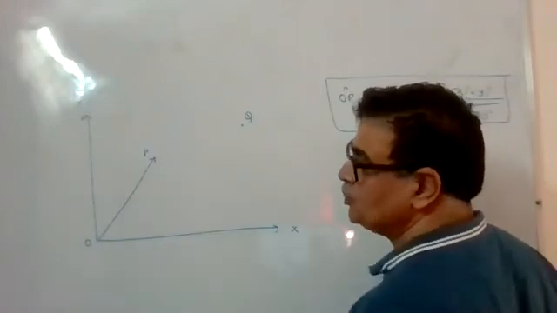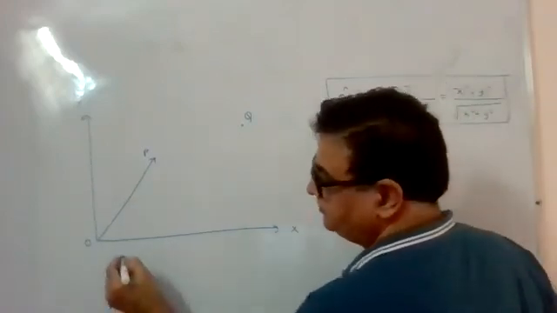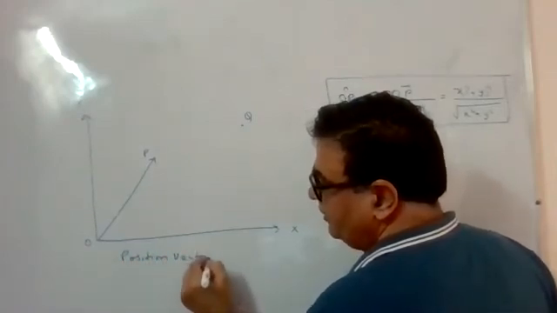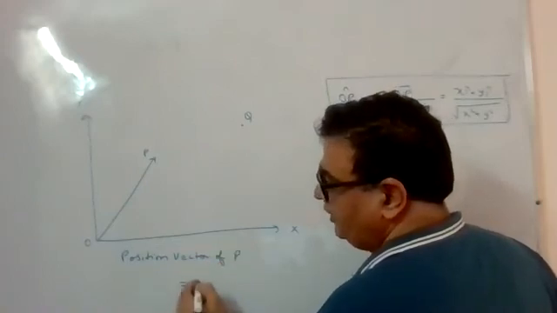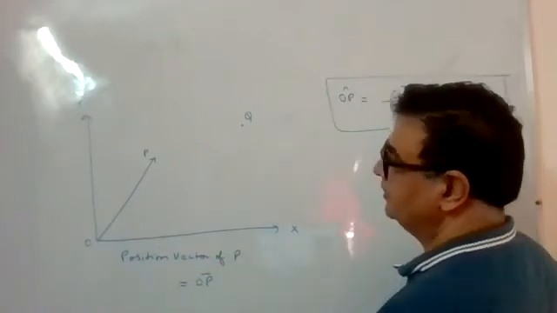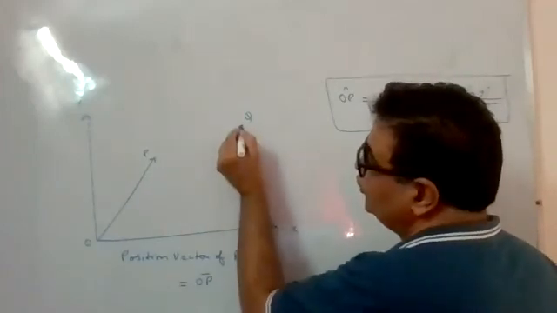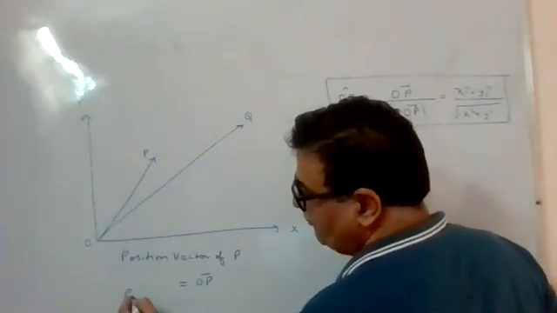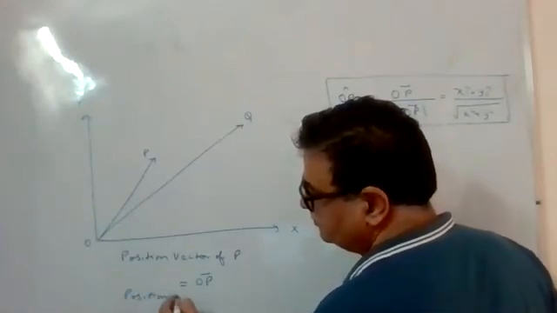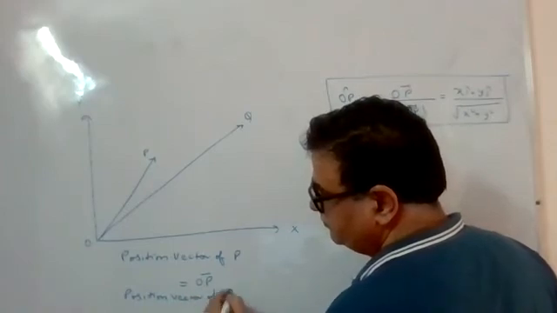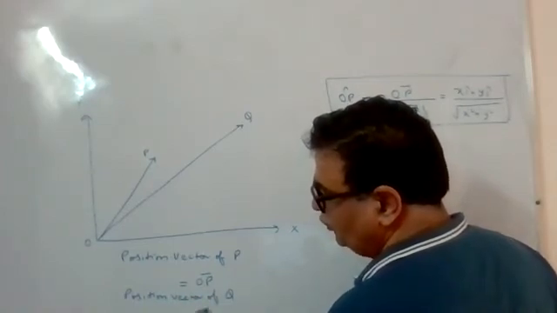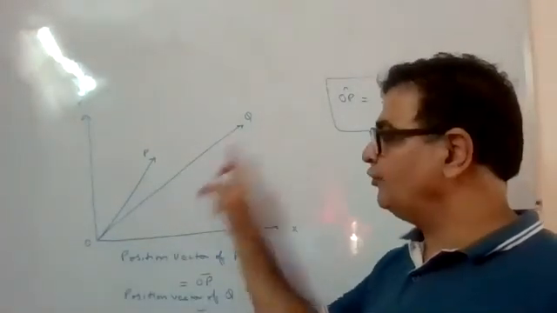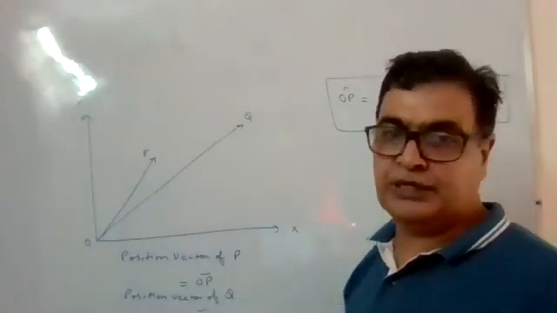OP will be the position vector of point P. It is denoted by OP vector. If I say position vector of Q you want, so I'll join this. That will be OQ vector. OQ vector is position vector of Q, OP vector is position vector of P.